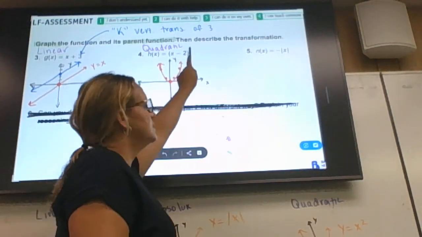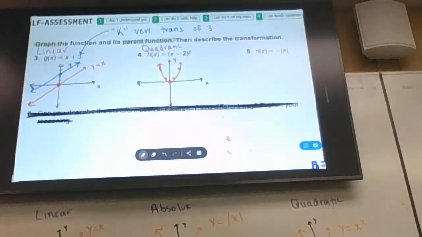inside the parentheses. So this minus 2 is not a k. K values move up or down. It's an h because it's in parentheses. Okay? So what does h do? It's going to move it left or right. Okay?